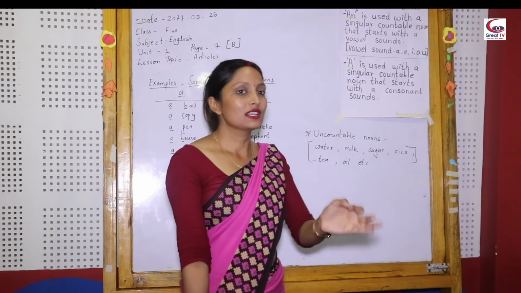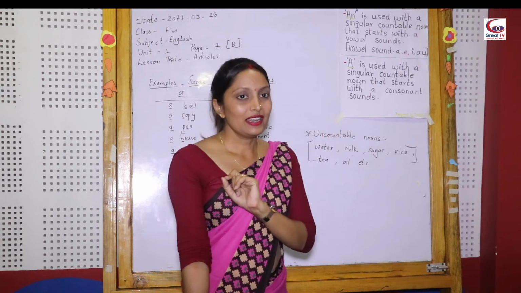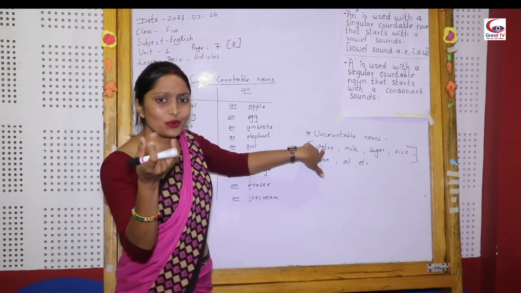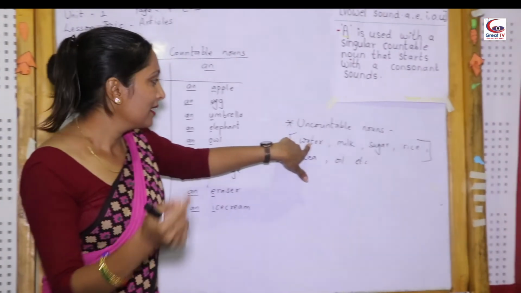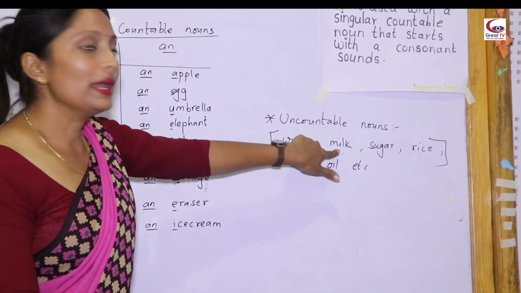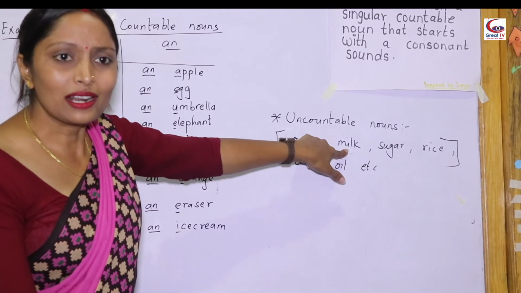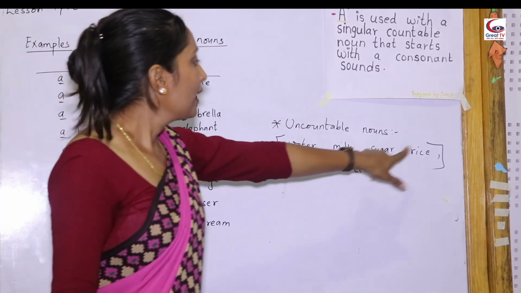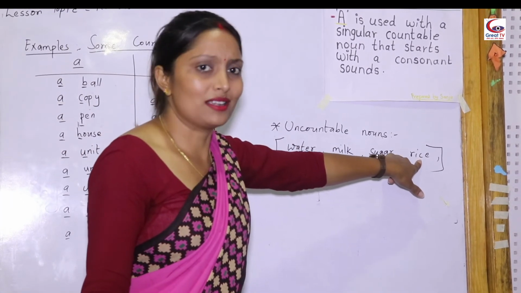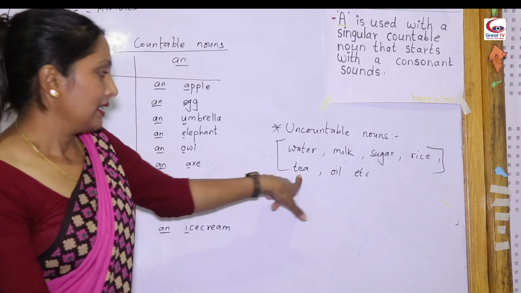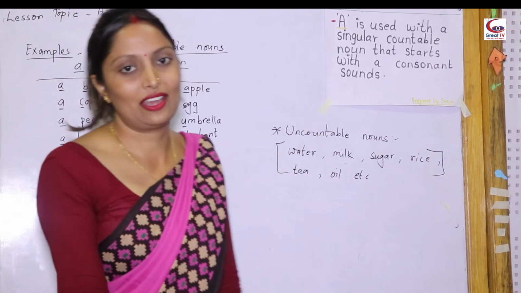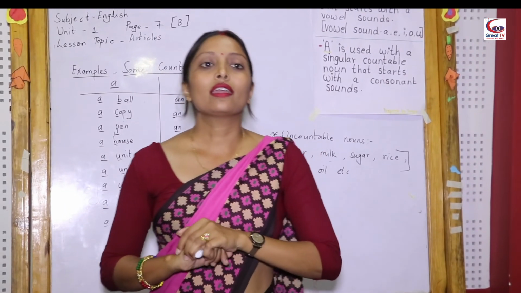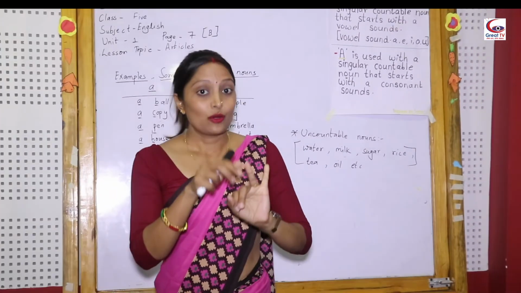Like water. Can we count water? No. Like milk. Can you count milk? No. Like sugar, rice, tea, oil, etc. We can't count them. We can use a or an only with singular countable nouns.